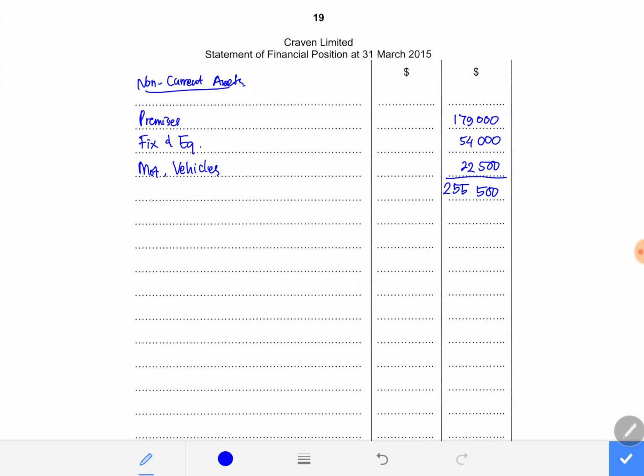After NCA, followed by current assets. In current assets, you have inventory. This must be the closing inventory, yeah? Your closing inventory is given in the question, and it's 26,525, followed by trade receivables.